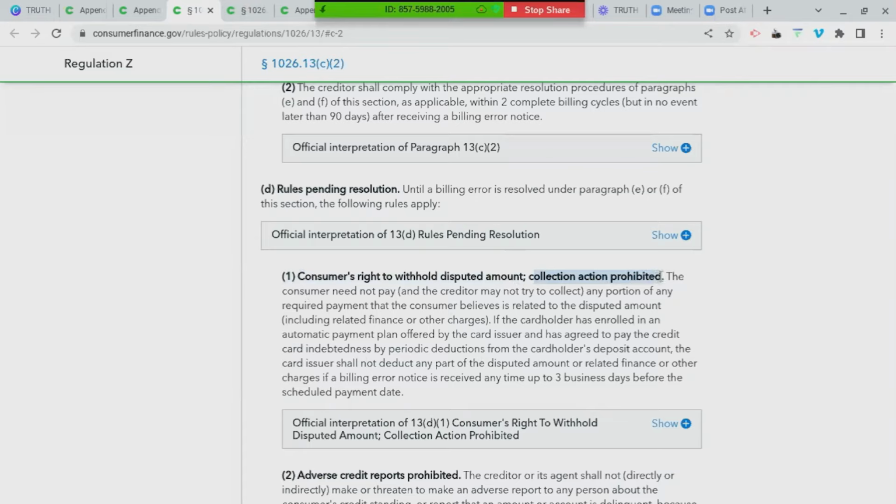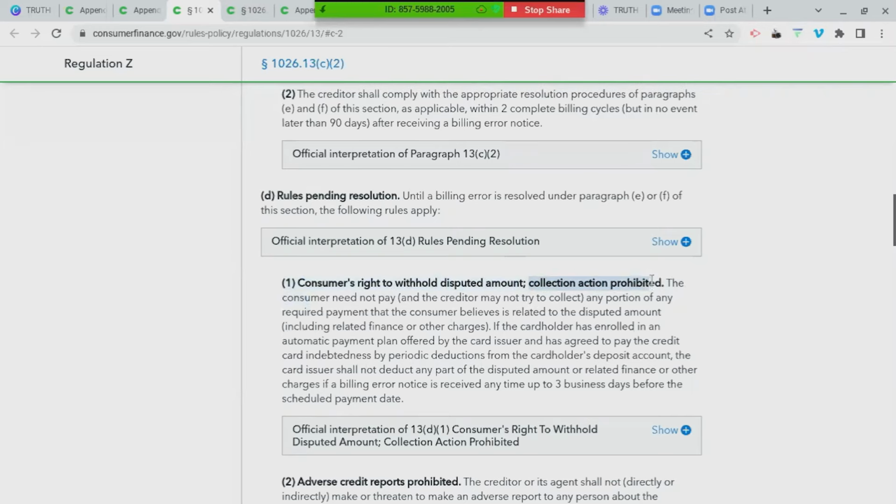But I have stated on my channel that I personally recommend that you still act in good faith with clean hands. Yes, the law does say that you have the right to withhold the disputed amount and that collection action is prohibited, right? But we know that with these creditors, they don't know that we are privy to or knowledgeable of this information.